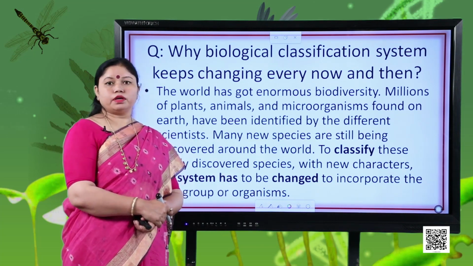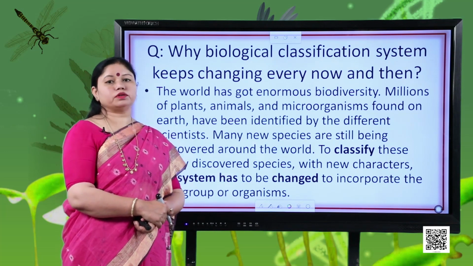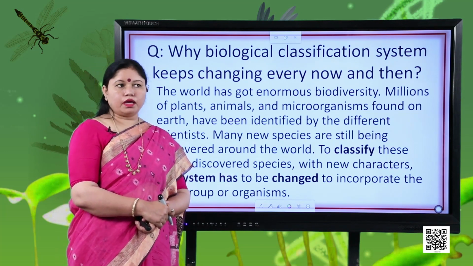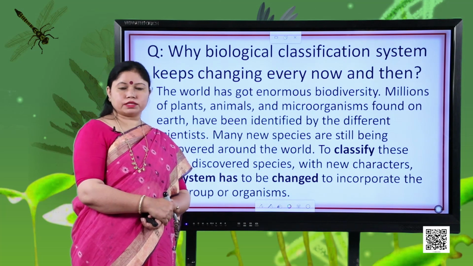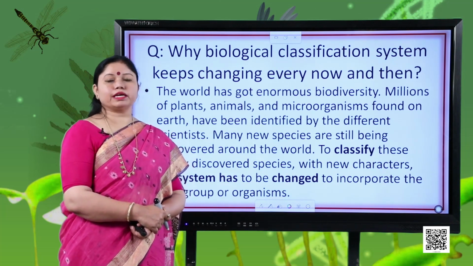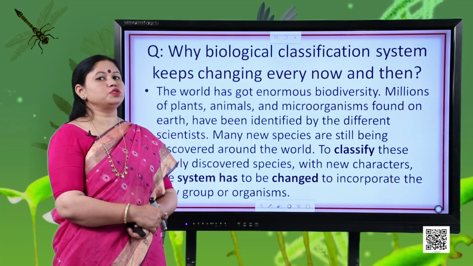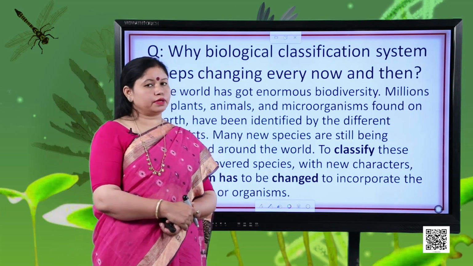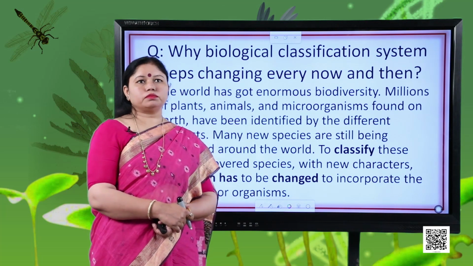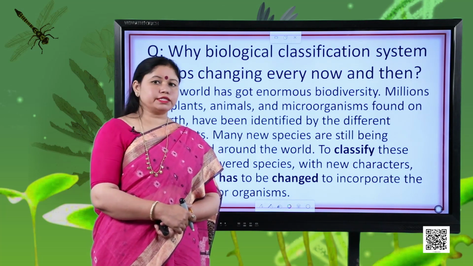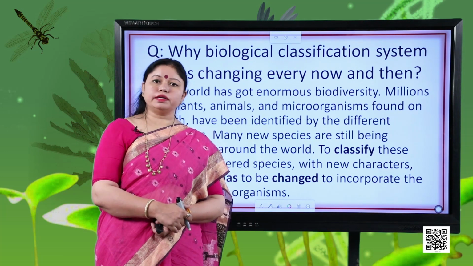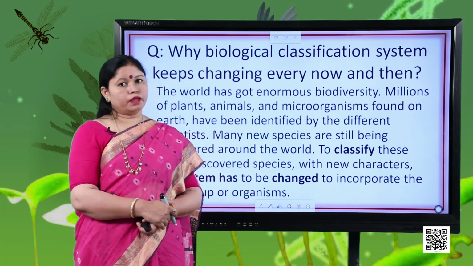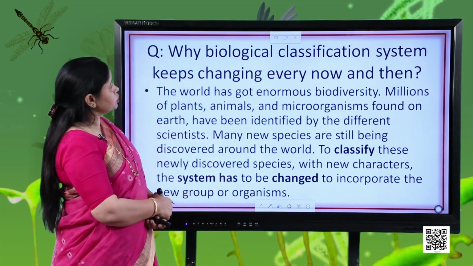After Aristotle, many more scientists have worked on the classification system, and as time has passed, many types of biological classification systems have come into existence. For example, 2 kingdom classification, 5 kingdom classification, 3 domains of life. All these types of classification you will learn in the next chapter.